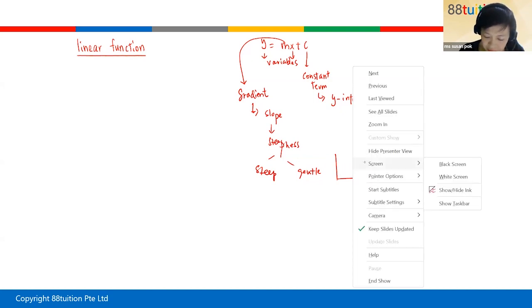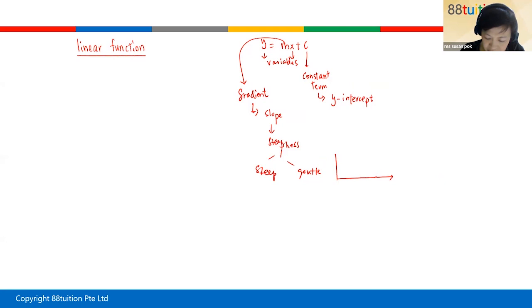For a steep slope, it will look like that. Then it could be a steep slope. I could have drawn this longer. So you can see a lot of variations in the graph. So that measures it.